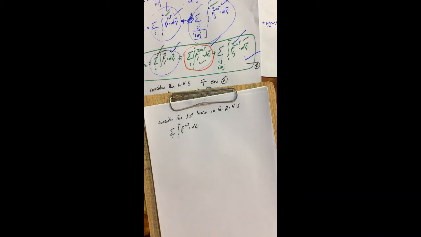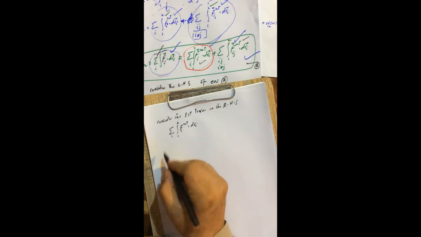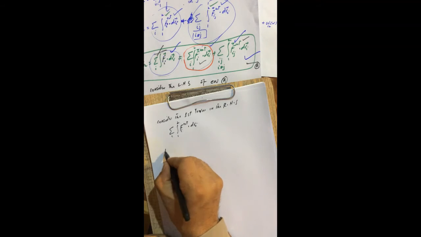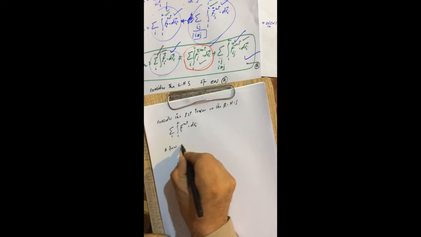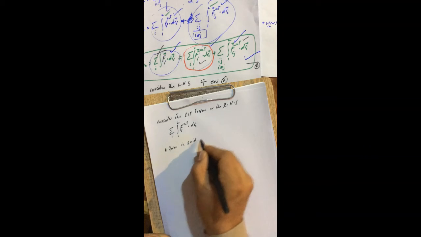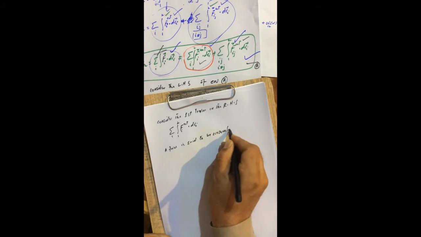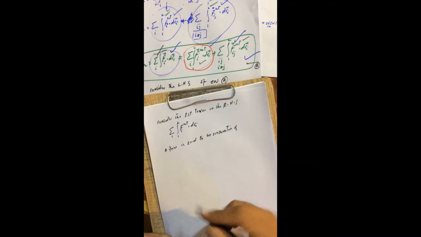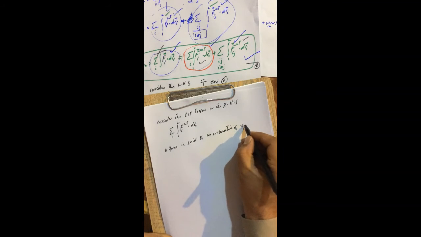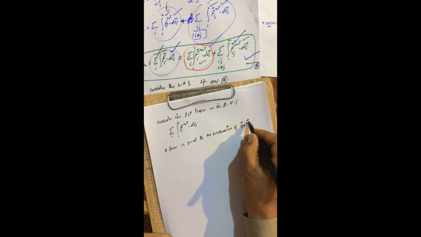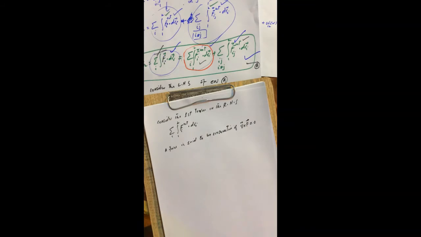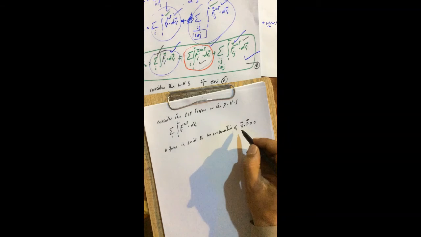Now here I will explain the conservative force again. We know that a force is said to be conservative if the vector product of del with force, or del cross F, the curl of force, is equal to 0. This is the necessary condition for a force to be conservative.